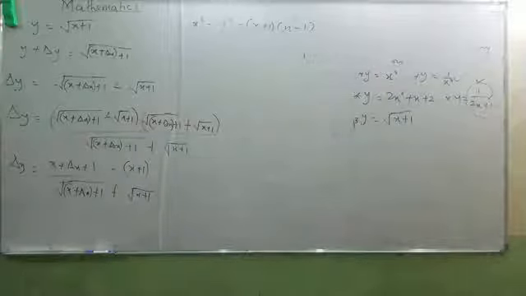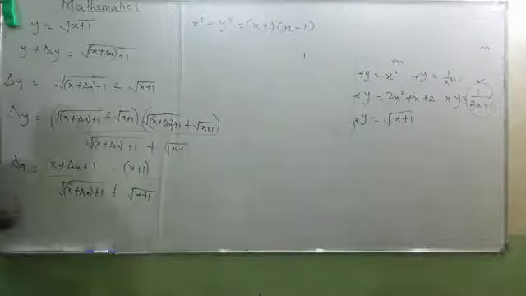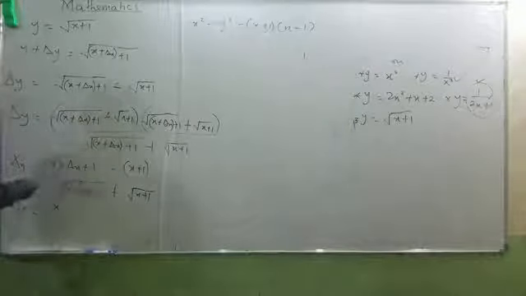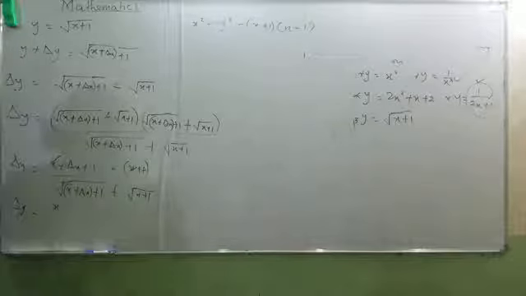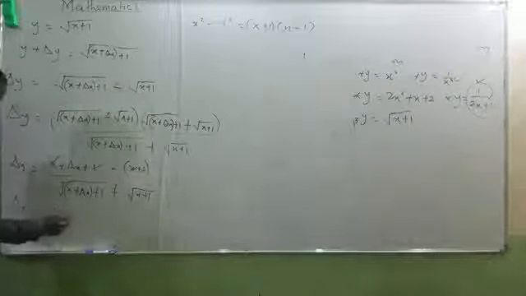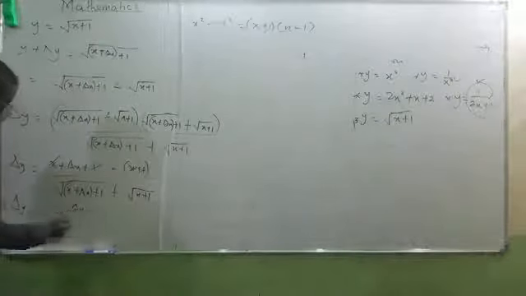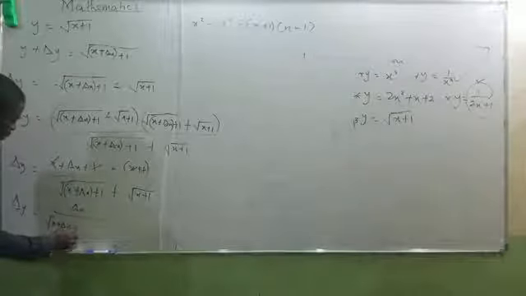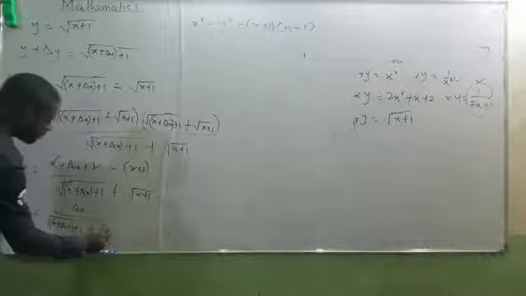Now, since I have something like this, delta y equals delta x, because this cancels this, and this cancels this. I don't need to stress myself on that. It will be delta x divided by root of x plus delta x plus 1 plus root of x plus 1.